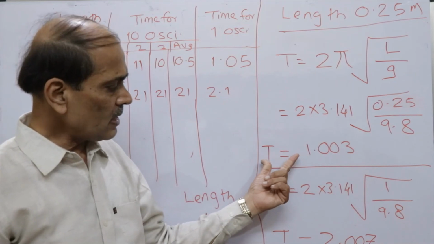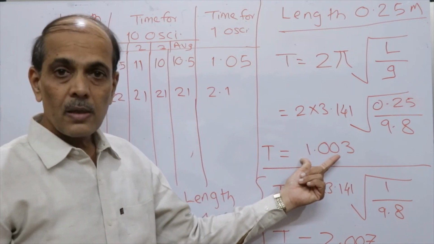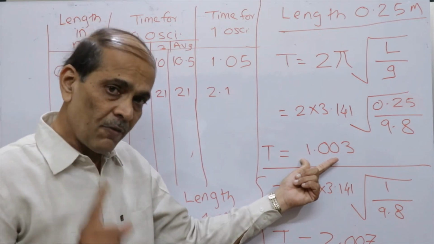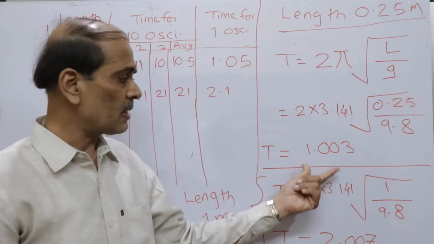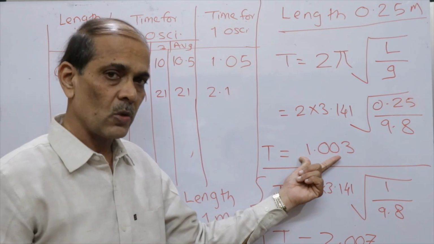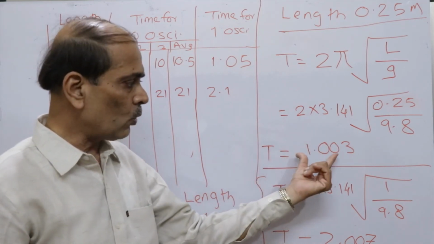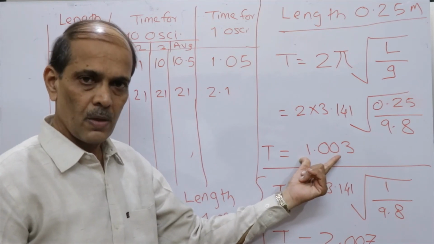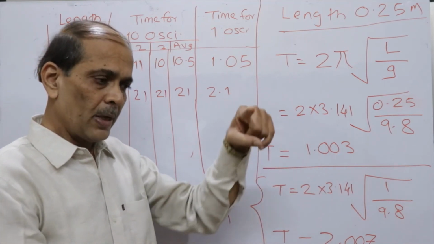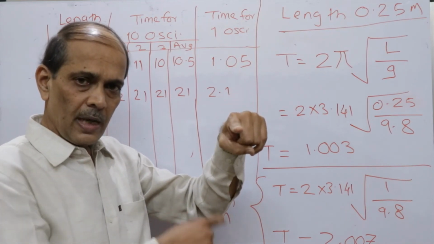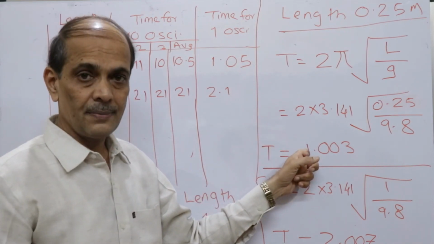If I solve this, you will get the period of a pendulum of length 25 centimeters, or 0.25 meters, as 1.003, but if we take only 2 digits, it's 1.00. So a pendulum of length 25 centimeters completes one oscillation in 1 second.